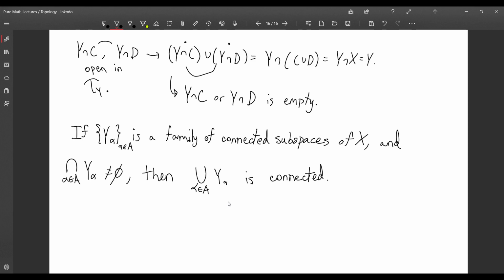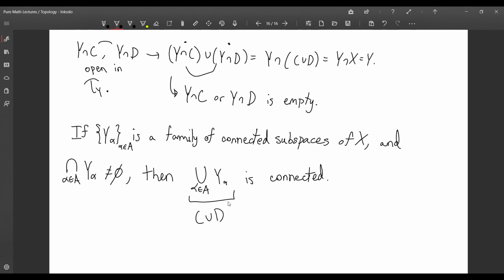And for a proof of this, essentially, you would go by contradiction. You would assume that this is disconnected, so you would say, okay, if I have a separation of this union, then each Y sub alpha is either contained in C or D, but each Y sub alpha contains some common point P, meaning that every Y sub alpha is either contained in C or D, right?